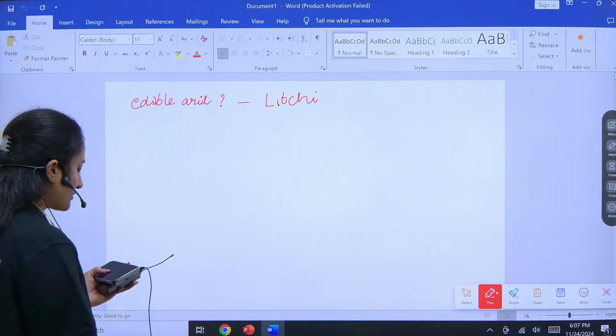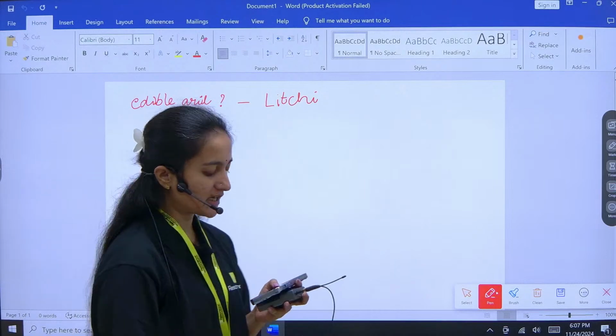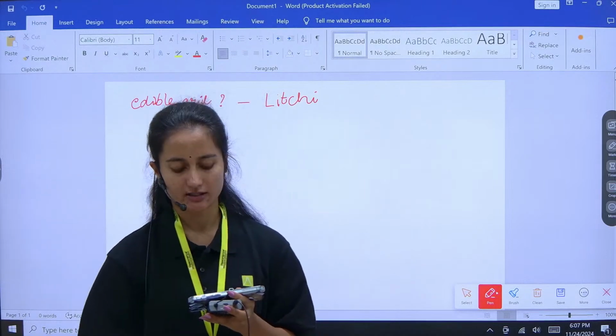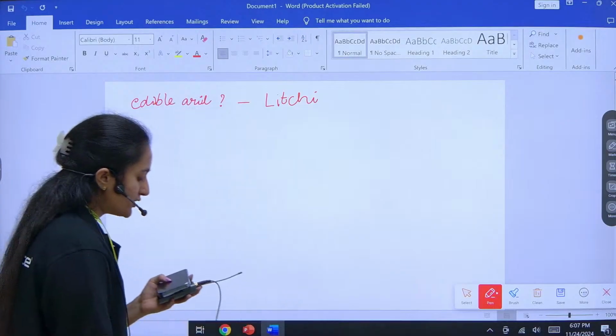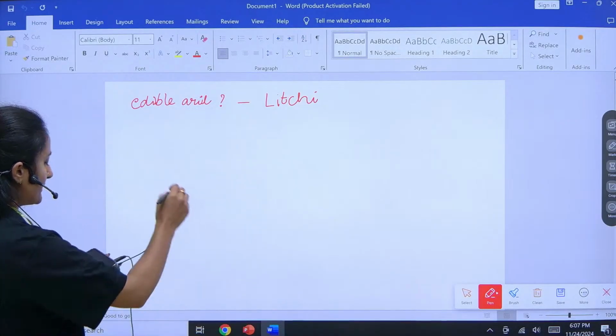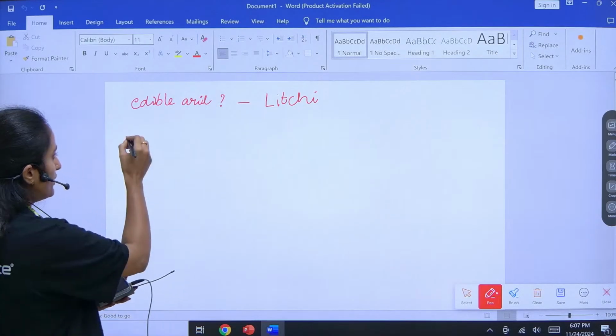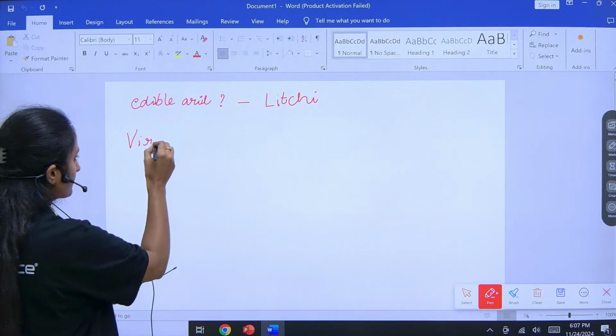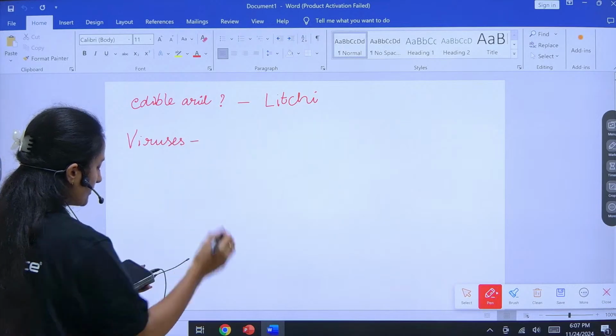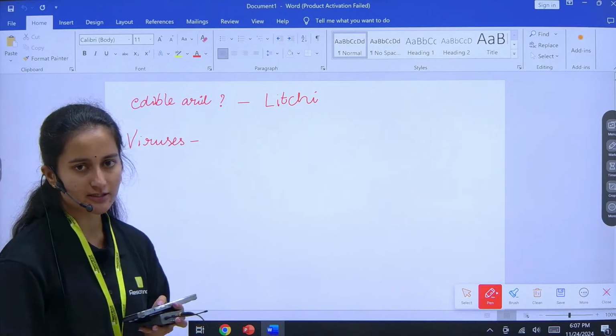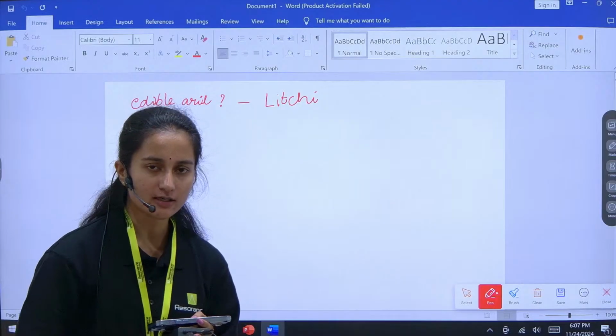And the next question, which of the following statements regarding the viruses are correct? So the options were usually proteinaceous infectious, they are potentially infectious, and we know the properties of viruses. These viruses are potentially infectious, they have the capability to cause infection.